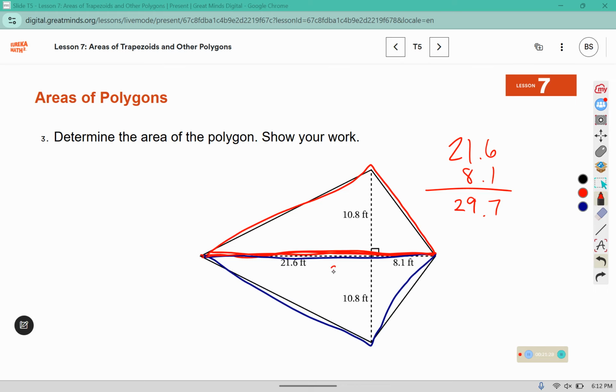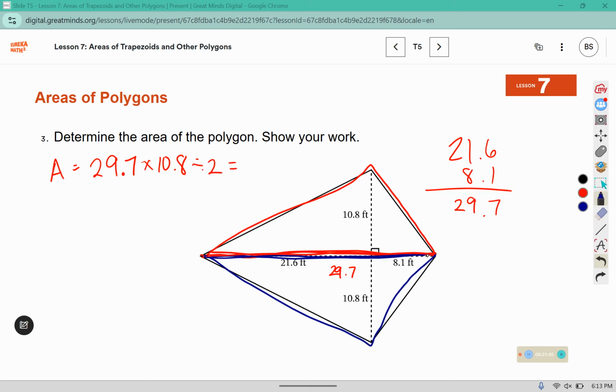So this whole base is 29.7. The height of that triangle is 10.8. And since it's a triangle, we have to divide it by 2.